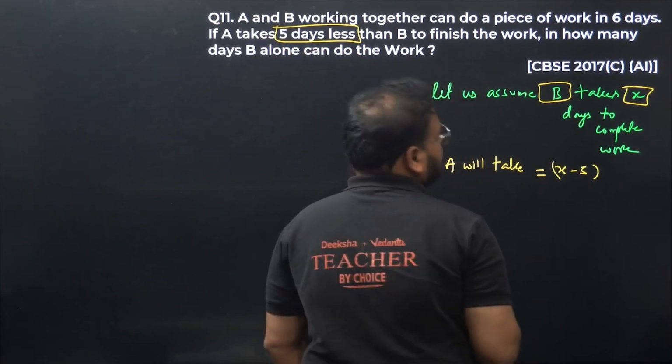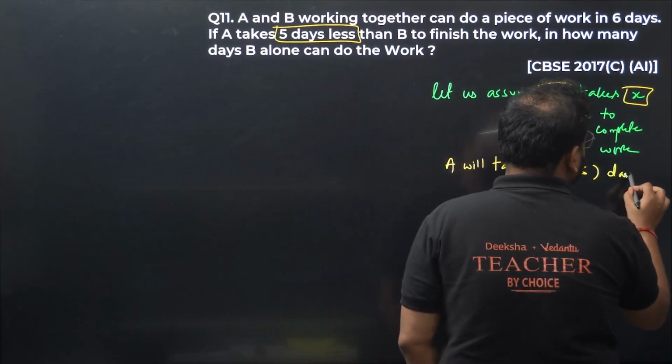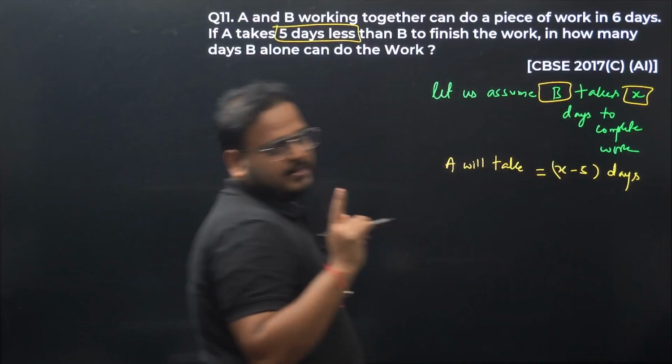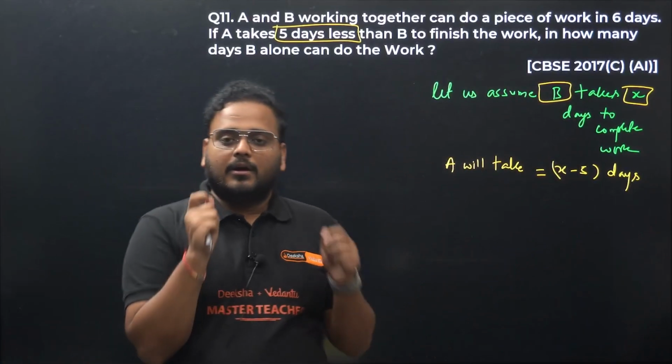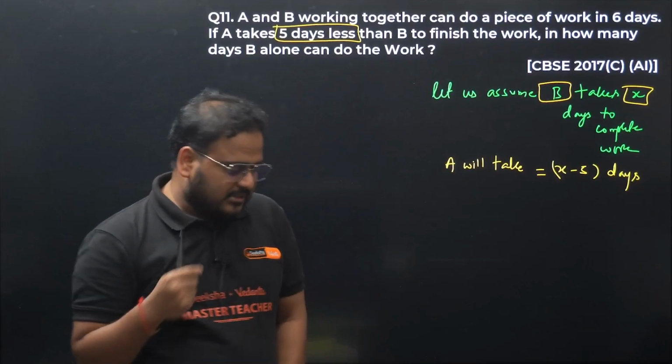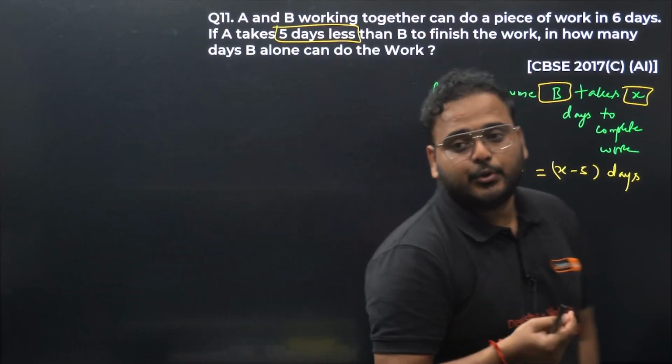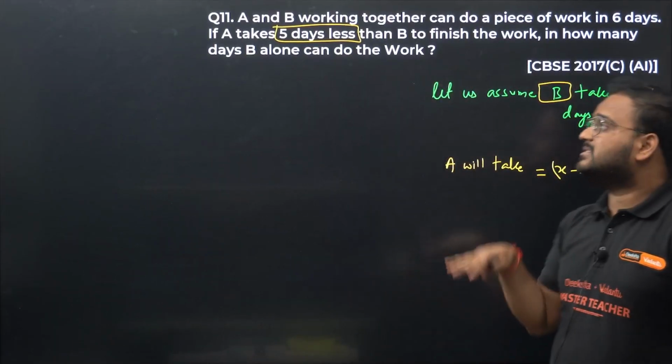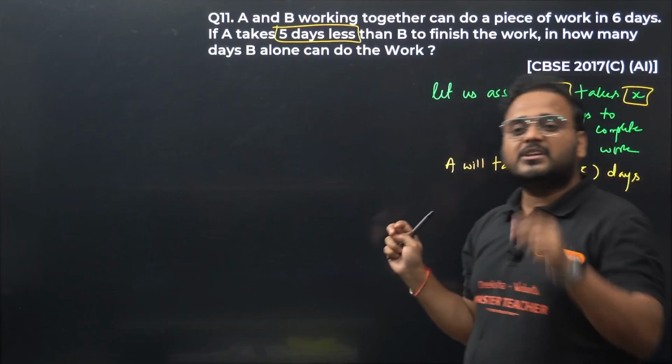Remember one thing: in any question based upon time and work, try to use the statement given to you to break down and understand what the given information is. They have given us only two things.